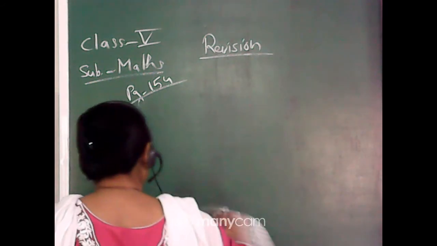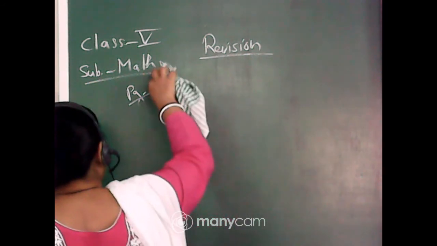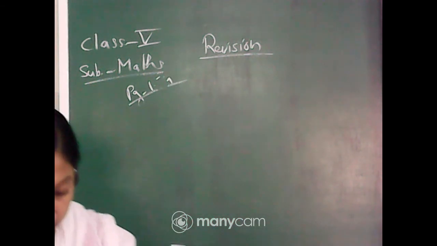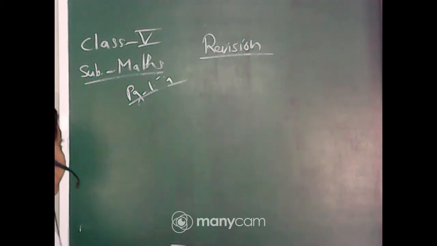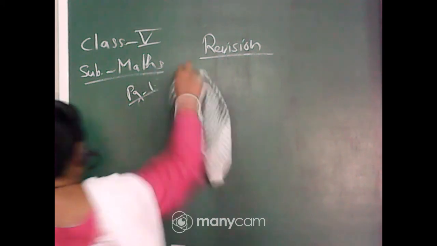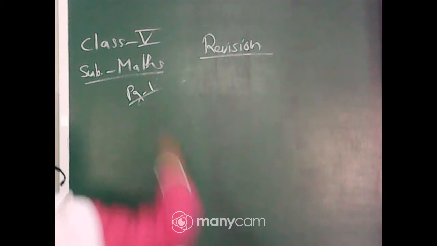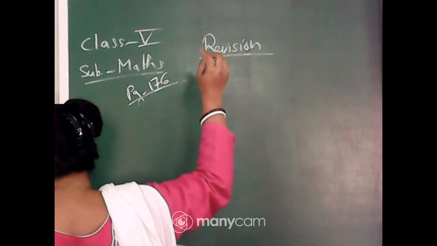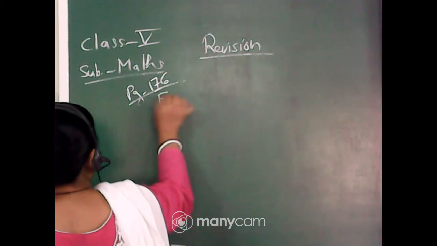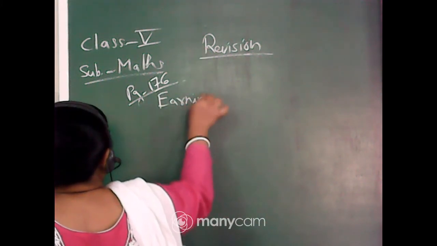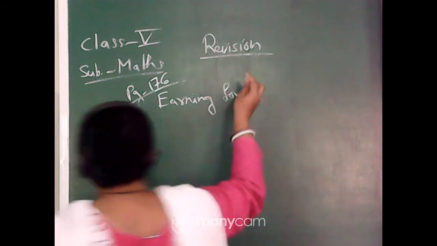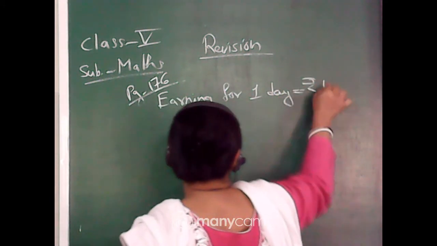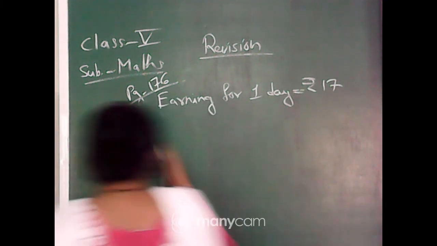This is page number 176. See, earning for 1 day is rupees 17, because there are 17 goats, isn't it?